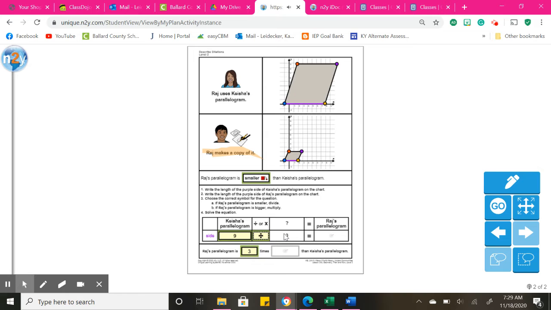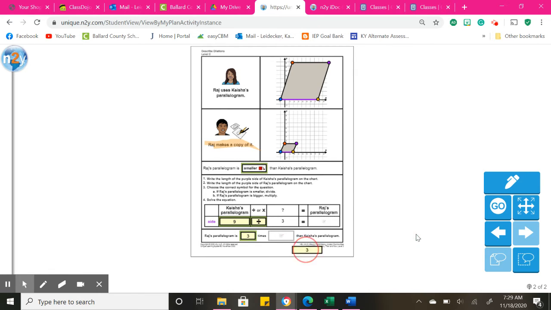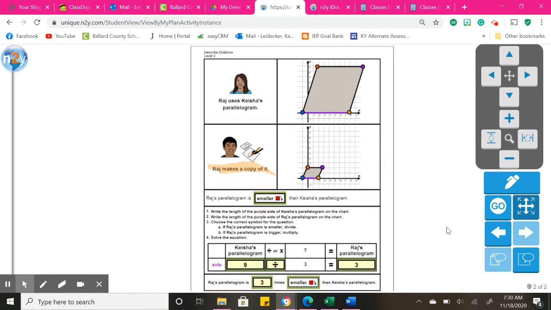Yes. Okay, and then we divide that by 3. So 9 divided by 3 is 3. Rashad's parallelogram is 3 times smaller than Kesha's. Okay? I'll zoom in one more time for that so you can have the answers for that. So I just counted the boxes here and known that the translation in this was smaller and larger.